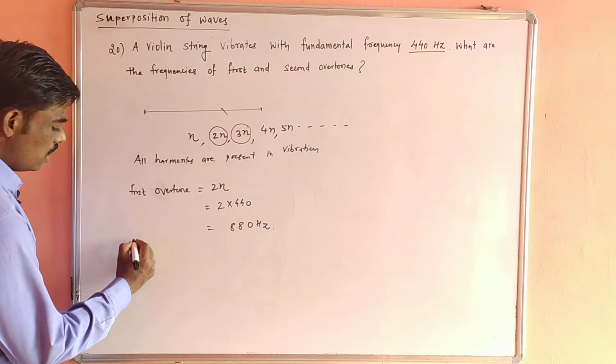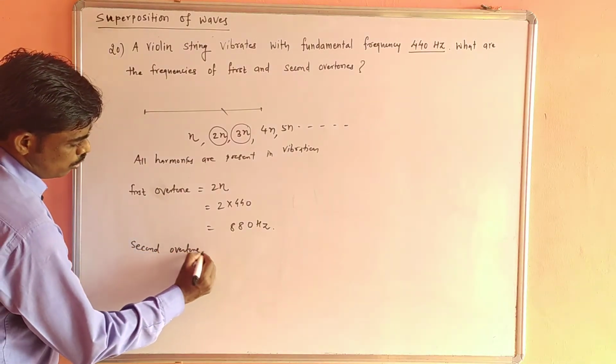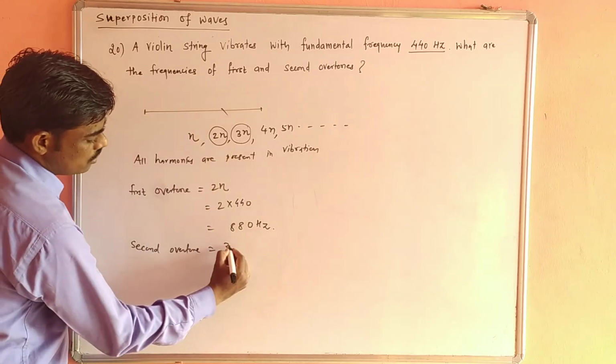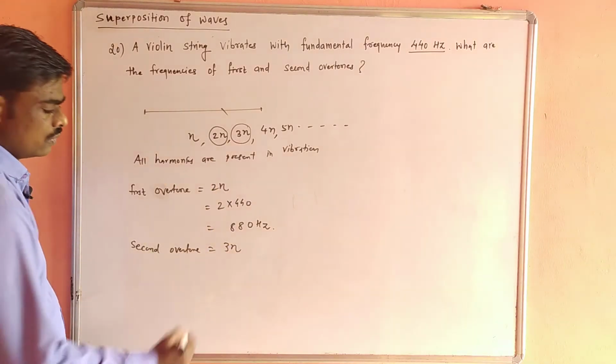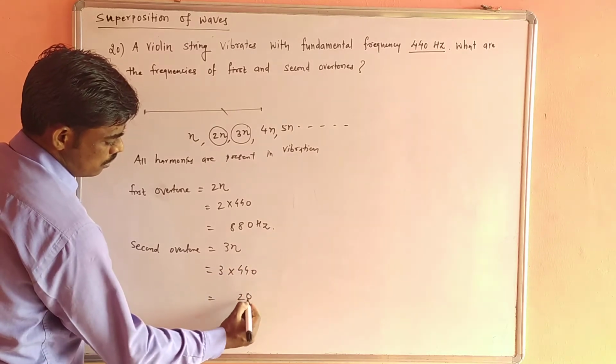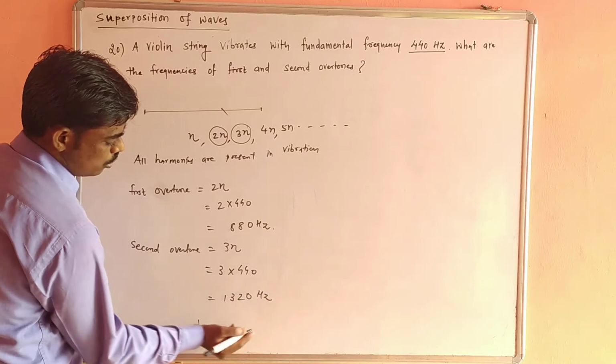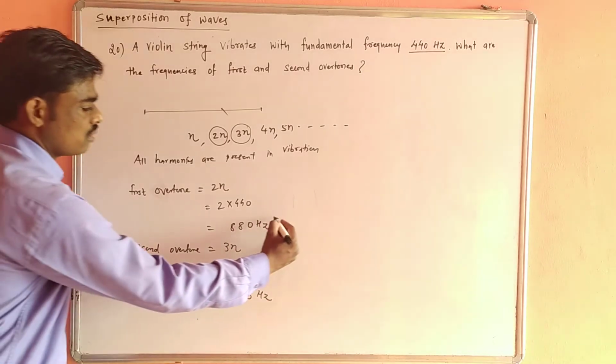Then the second overtone becomes 3 times n, so 3 times 440, 1320 hertz. These are the two answers.